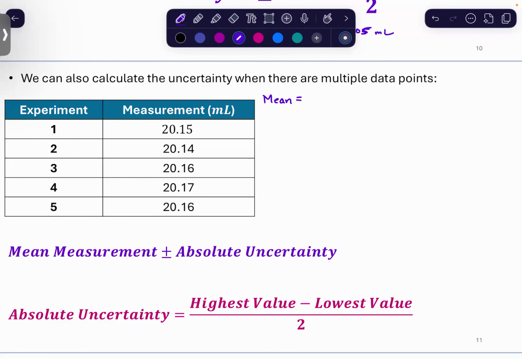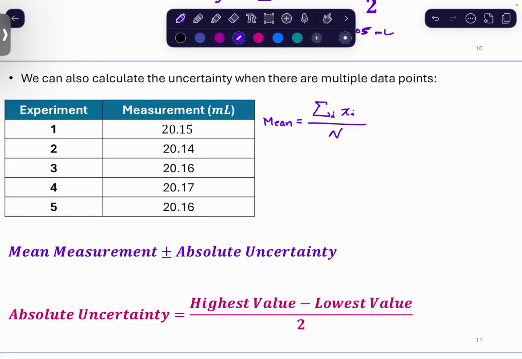So our formula for this, let me go more general to start with. So our sum over i of all of our values divided by n, that's going to give us our mean value.